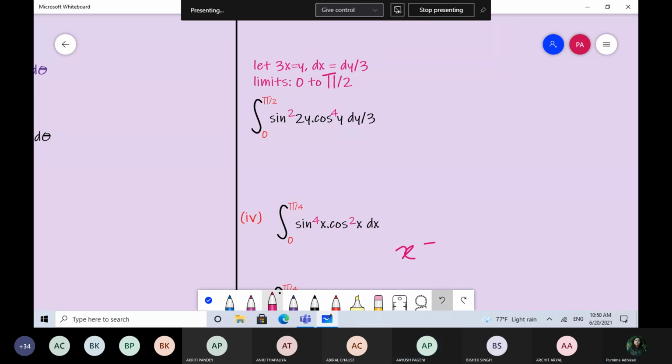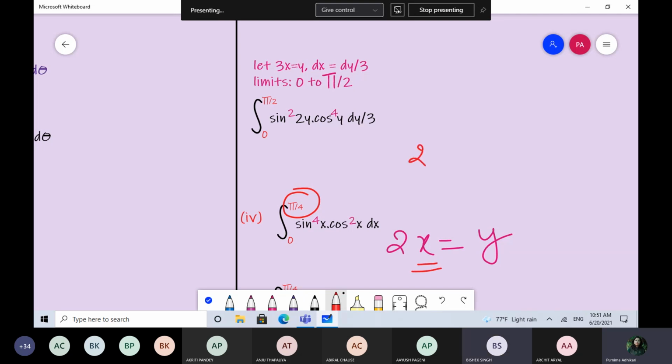Yes. When you substitute 2x equals to y, meaning x equals y by 2, it's the same thing. Okay, so when you do that, you see your desired limit of integration is 0 to pi by 2. So which substitution makes your limit pi by 2? You see the upper limit is pi by 4. Ma'am, x equals 2y should be put. X equals y.